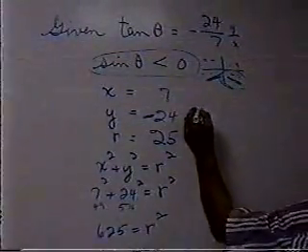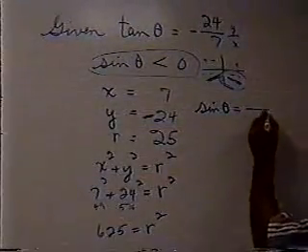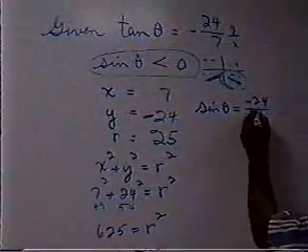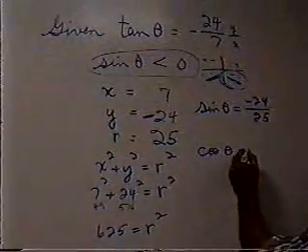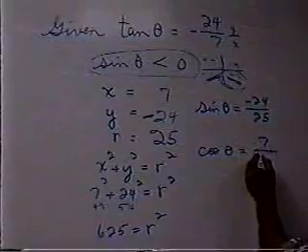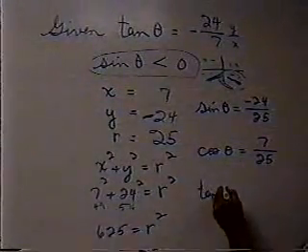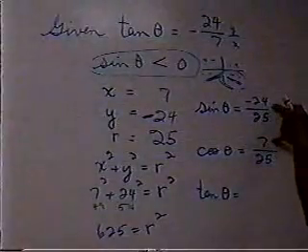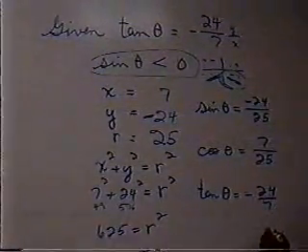Finishing this up then, the sine of theta is minus 24 over 25. Cosine is positive 7 over 25. Tangent, look how that works out. Tangent is minus 24 over 7. Sure enough, that's just the same thing we were given.